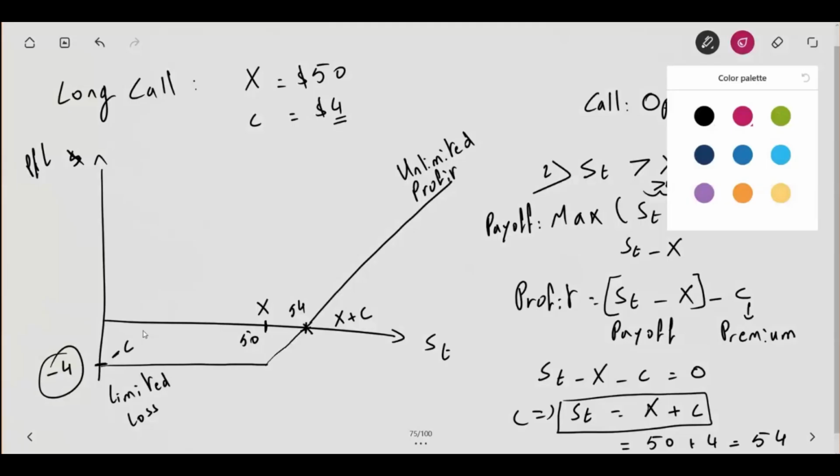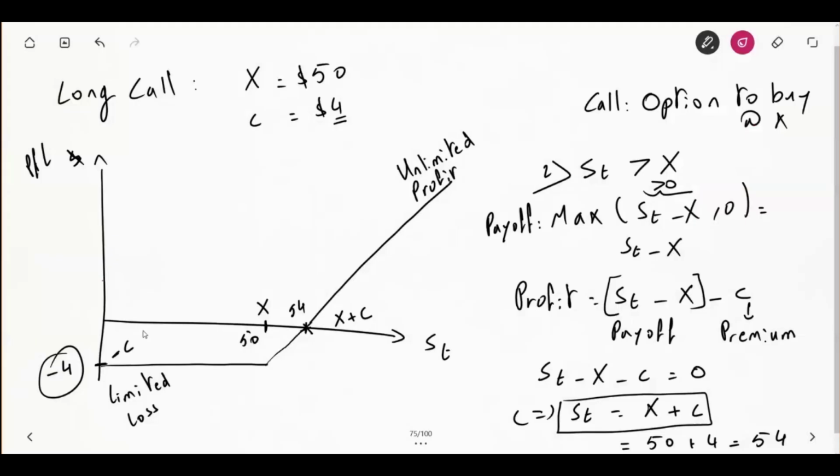This means that the party with the short position will be able to get the full $4, the premium. So there will be this maximum profit for the party with the short call, because in this case, the party with the short call can keep all of the $4. So this is here the case of the short call.